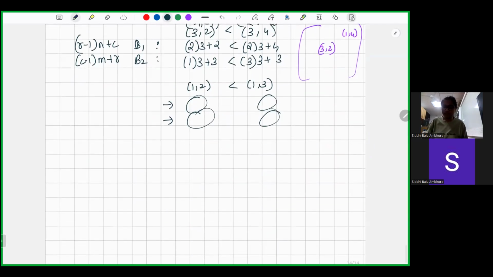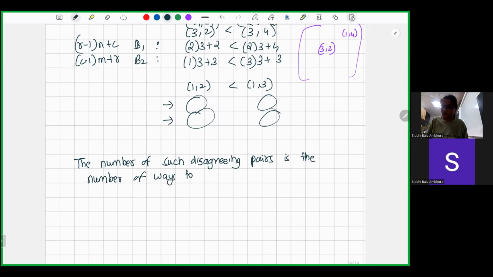And the number of such disagreeing pairs is the number of ways to choose two distinct rows and two distinct columns, right?